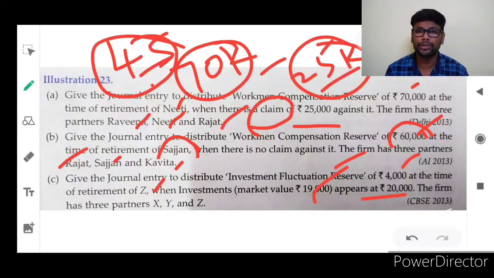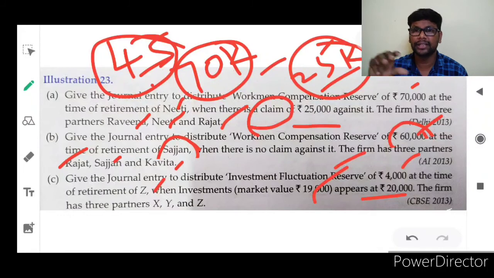Actually we have 20,000 worth of investment in hand, but today's market value is only 19,000. So we bought 20,000 worth of bonds in the previous year, but in the present year the market value of the bond is only 19,000. So 1,000 rupees decreased.